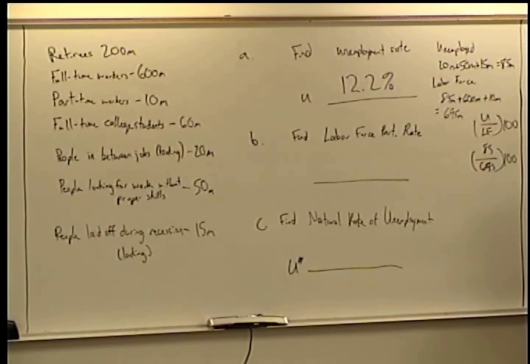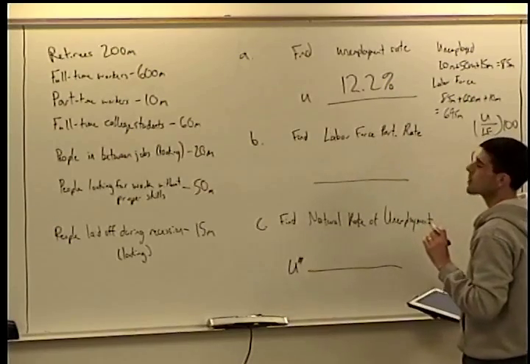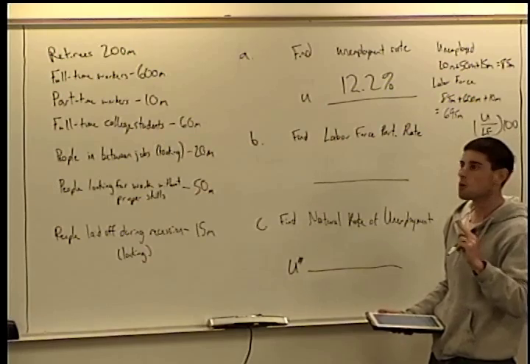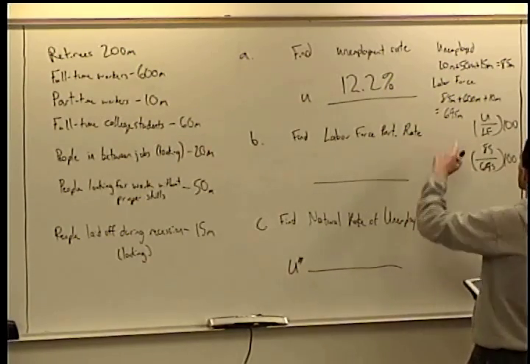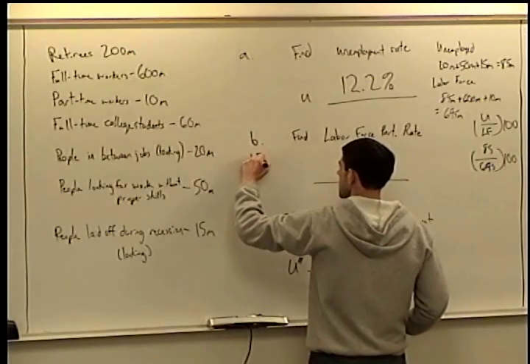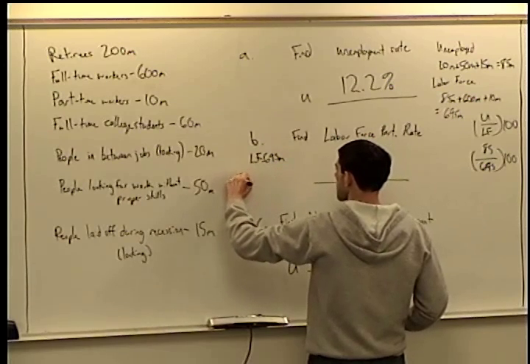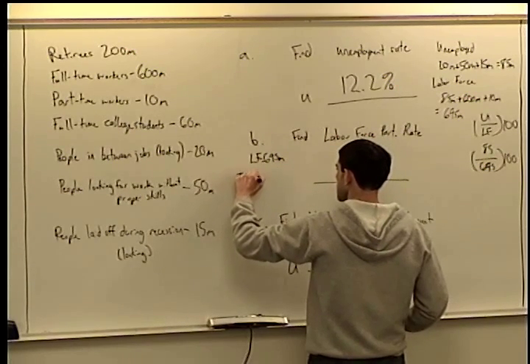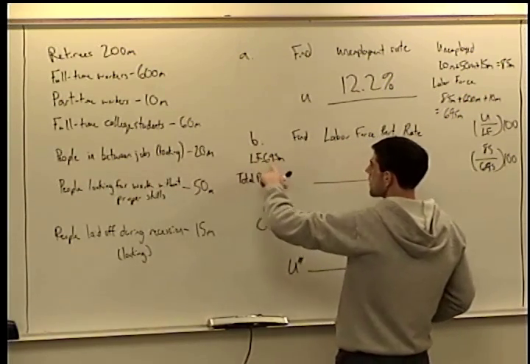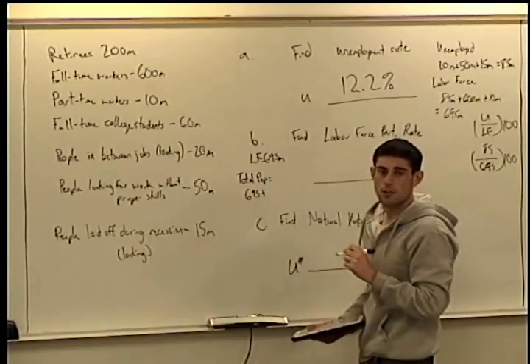Part 2 is find the labor force participation rate. So to find the labor force participation rate, we need two items again. We need the labor force, and then we need the total adult population. So we have the labor force, which is 695. And the total population is equal to people who are in the labor force, 695, plus people who are out of the labor force.